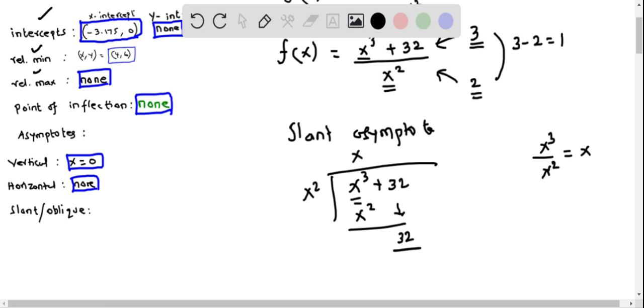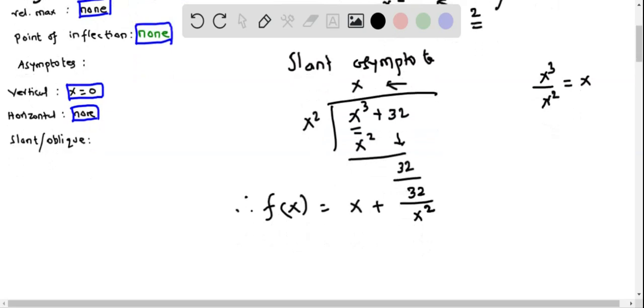Therefore, we can write f of x as the quotient x plus the remainder 32 over the divisor x squared. This form is already given in the question, but we have demonstrated how to determine slant asymptotes.